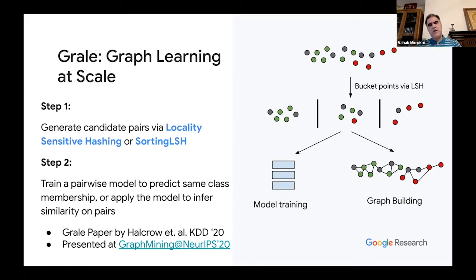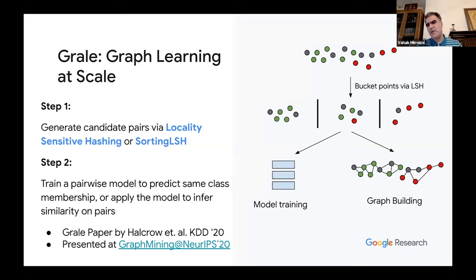And in the second stage, we may compute something simple like Jaccard similarity, or we can go to a model training, like a deep learning model or a random forest model, that can actually learn on training data. That's how we define what we call graph learning, or GRAIL.